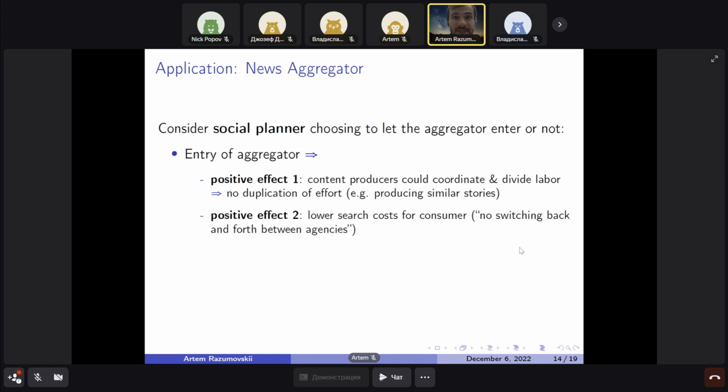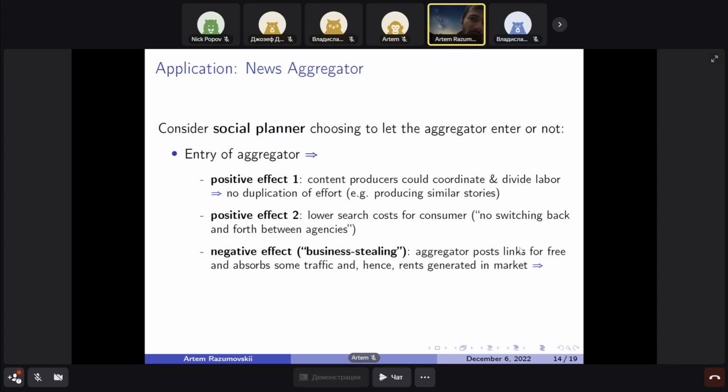The second positive effect is that the consumer spends less cost on searching, so he or she doesn't need to switch back and forth between different agencies to search for the article she wants to read. She can go directly to the aggregator, check all the news there, and pick the one she would like to read.